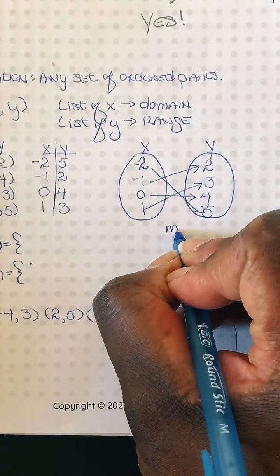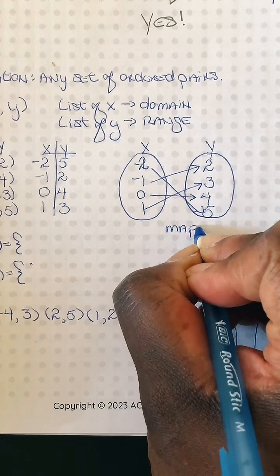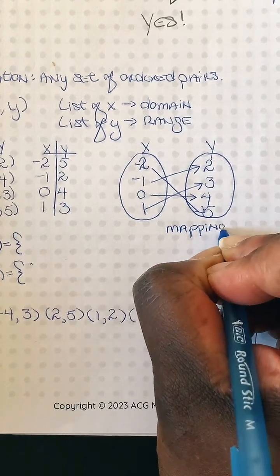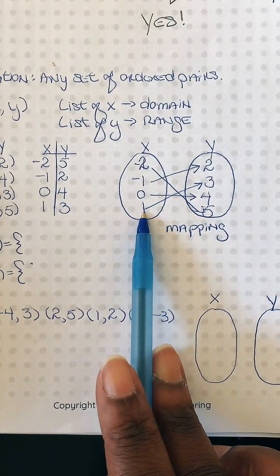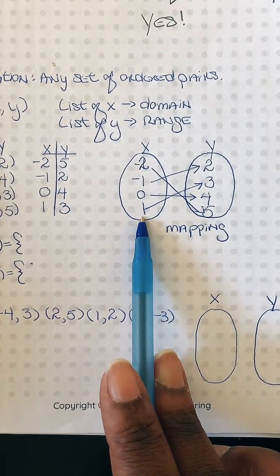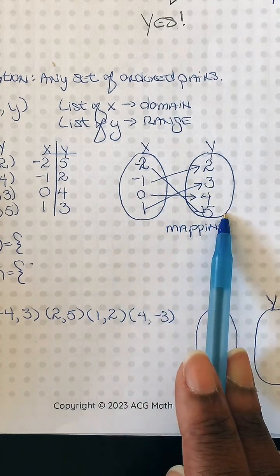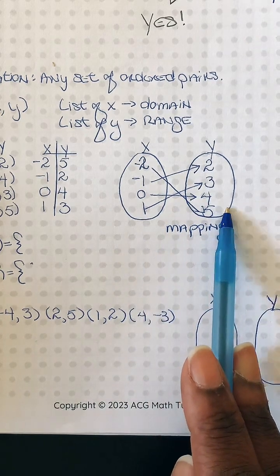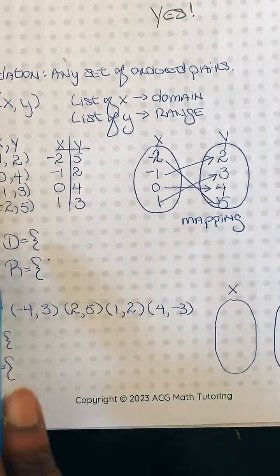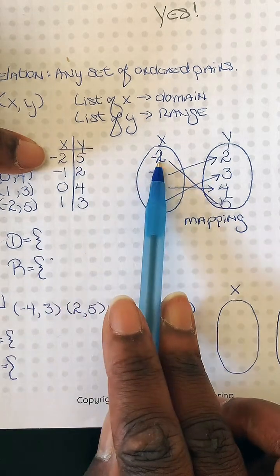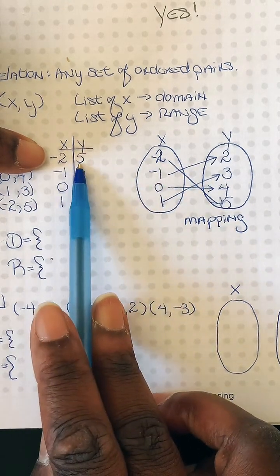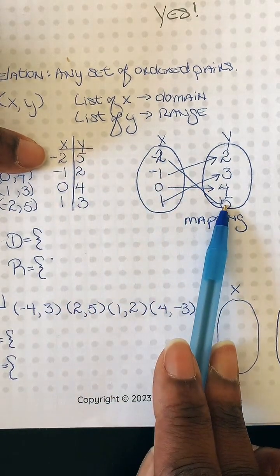But then over here, with these two bubbles, this is called mapping. To the left of your mapping are your x values. To the right of your mapping are your y values. So I try to keep it with the same theme. -2 is my x value, and it should go to my 5, which it does.